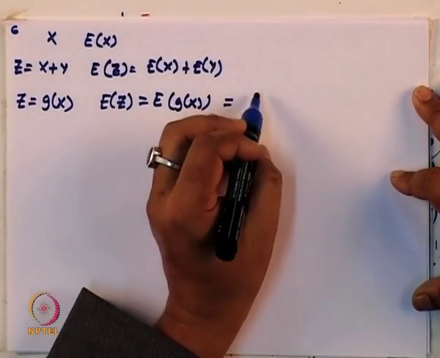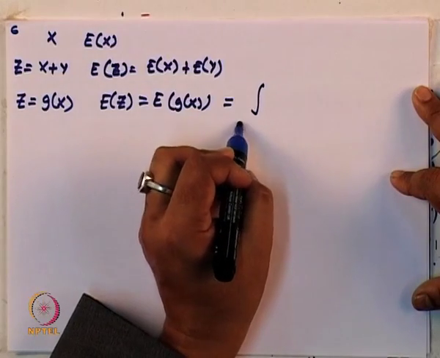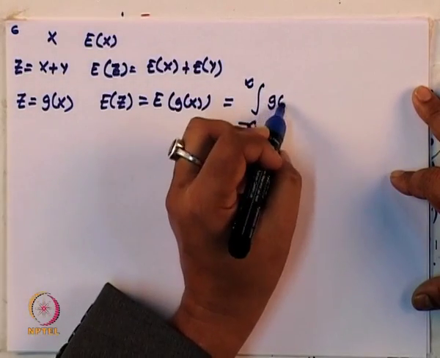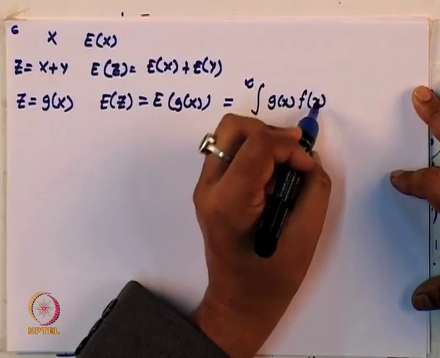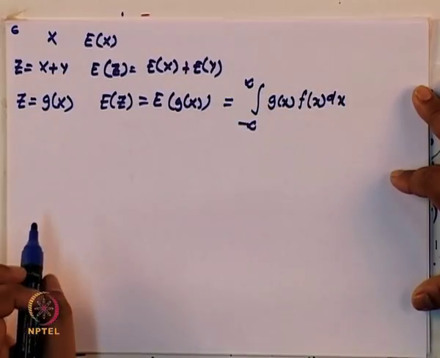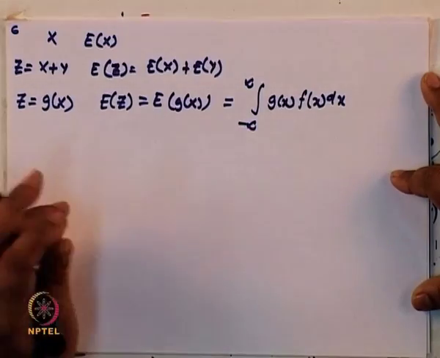It turns out to be the integration from minus infinity to infinity of g(x) into whatever probability distribution you had, g(x) into f(x) into dx.